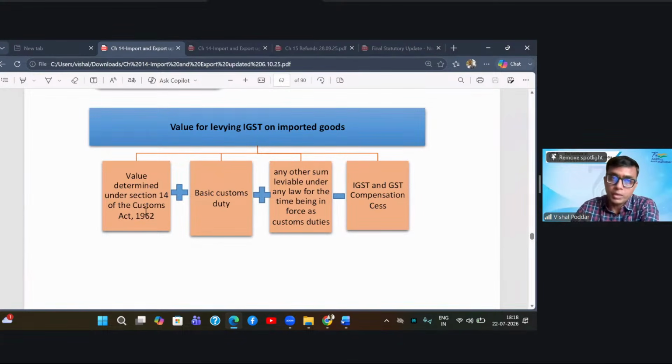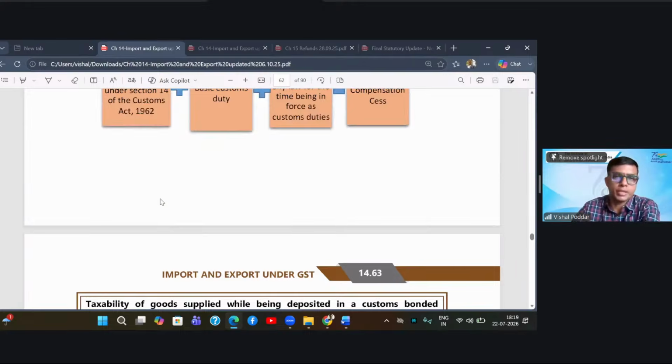So you determine the value as per section 14 of the Customs Act, read with the customs valuation rules. And this value plus basic duty plus other duties becomes your total assessable value on which you apply the IGST.